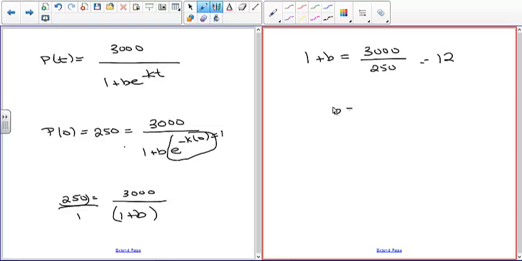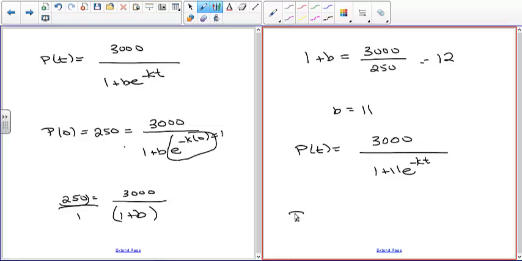Then you subtract 1 from both sides to solve for b. b equals 11. So now at this point we know two out of the three. So it's 1 plus 11 e to the minus kt. And you can see when t equals 0, this goes to 1, so you have 1 plus 11, which is 12. 3,000 divided by 12 equals 250, so that's true.